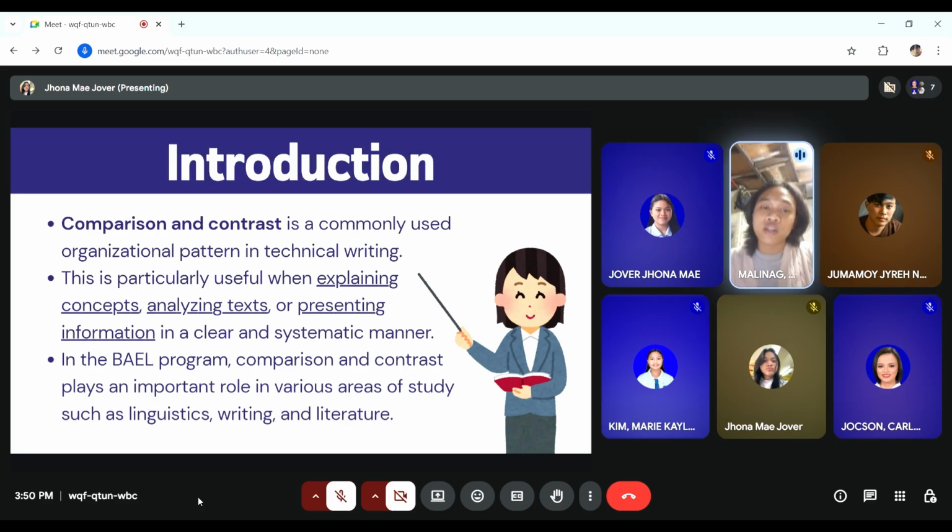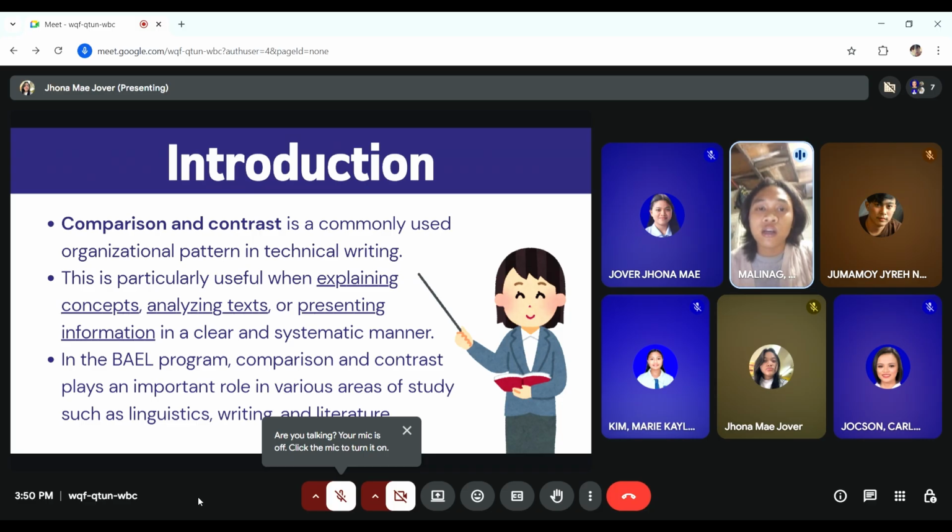So here is the introduction. We have the comparison and contrast. It is a commonly used organizational pattern in technical writing. What this means is that professional fields like science, business, and engineering also regularly use comparison and contrast. They mostly use it to structure their reports and proposals.